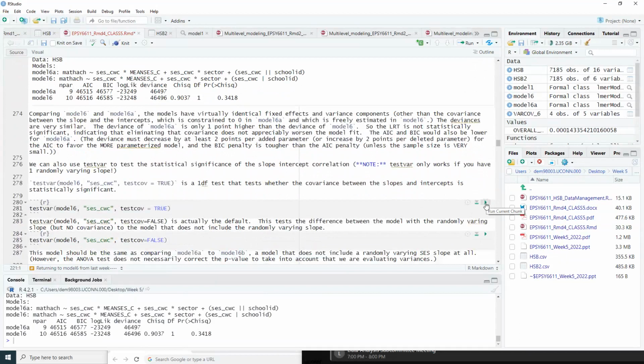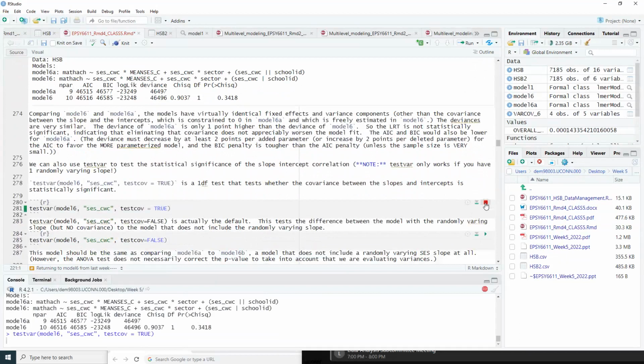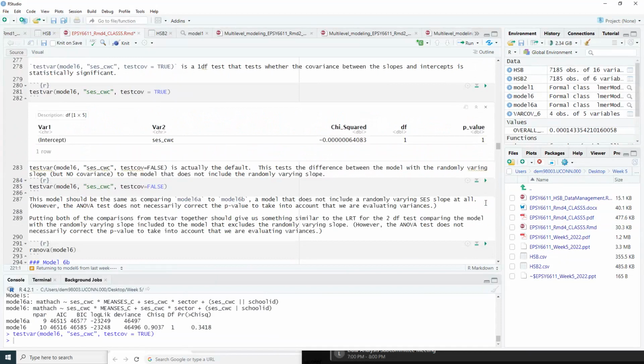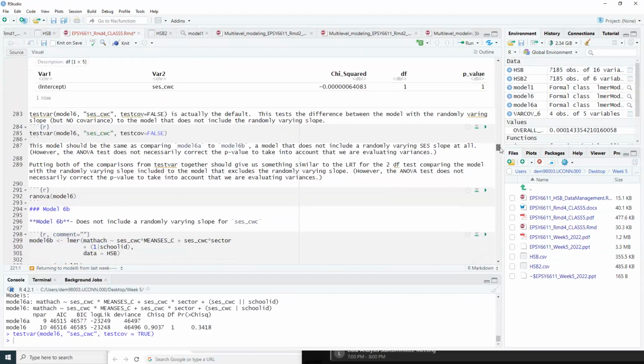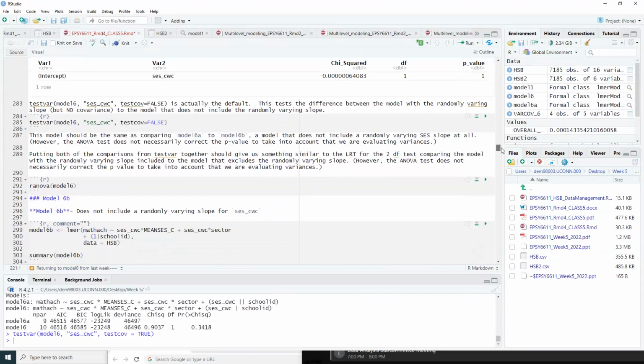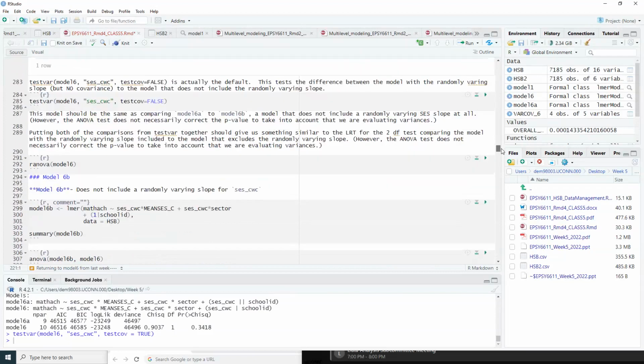I start with model 6 where it has that in there, right? And I run my test bar. It runs eventually. Why are you being so slow? Okay. All right. And it's a 1 DF test, and it's telling me this is not statistically significant. So I would favor the model that does not have the covariance in there, right? Okay.